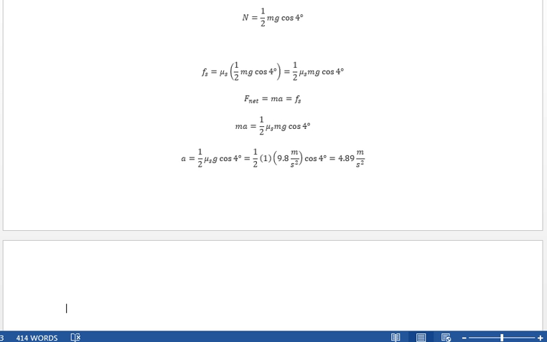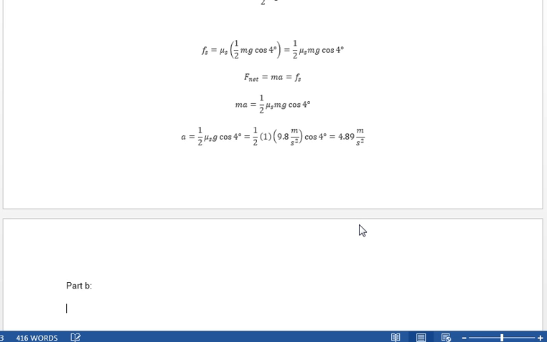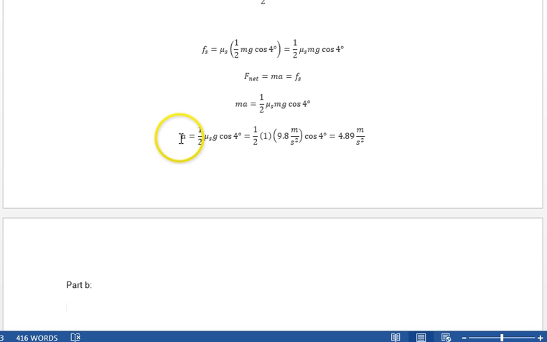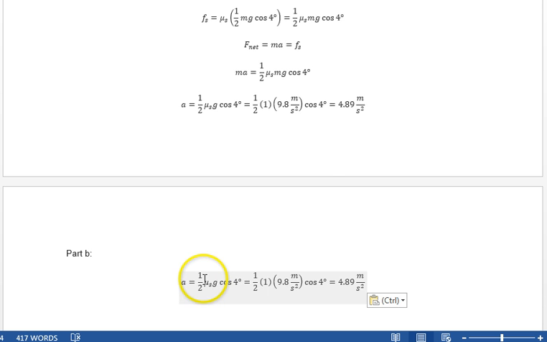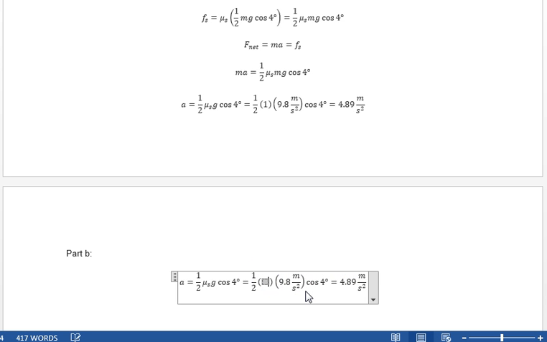All right, so part B. Because I kept everything in symbols as far as I did, part B is easy. We just take this same equation. We look up mu s for rubber on wet concrete.